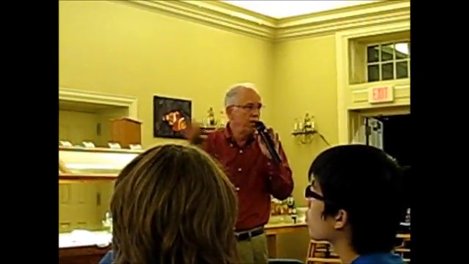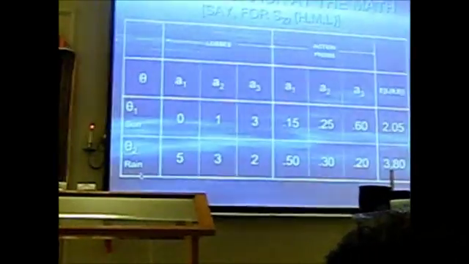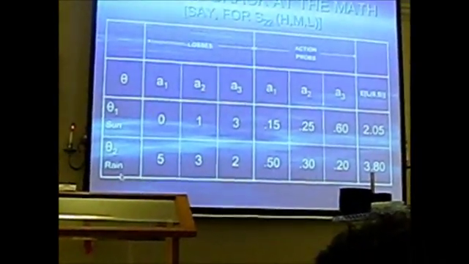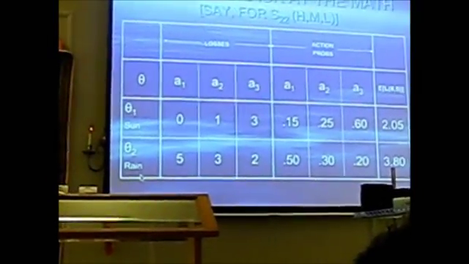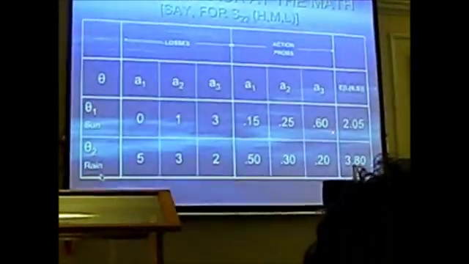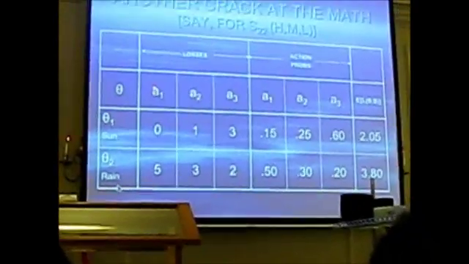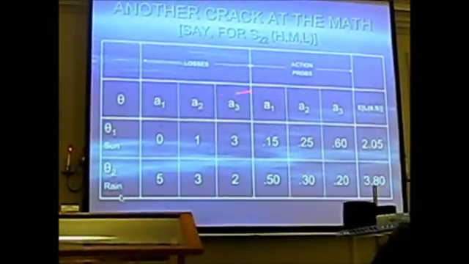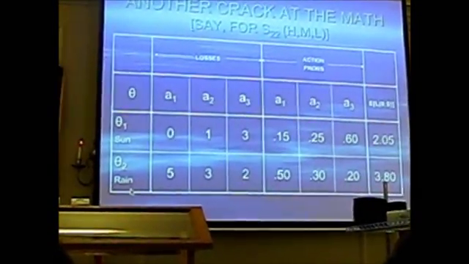Okay? So at least from this little illustration, it's pretty clear that S22 is worse than the S6 strategy. If it's sunny, the loss here is 2.06. I think on the previous slide it was 0.7. And the loss here is 3.8.